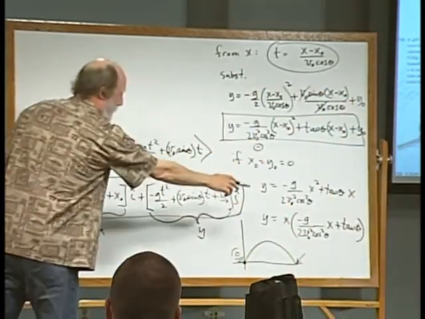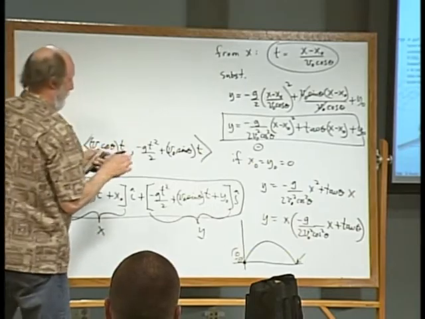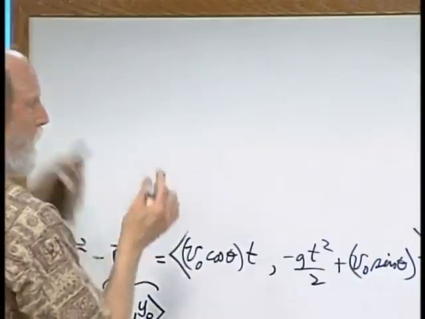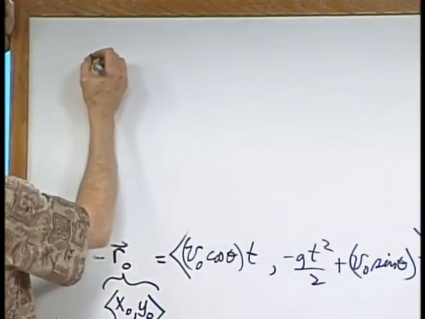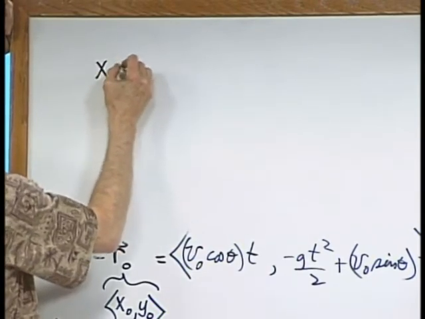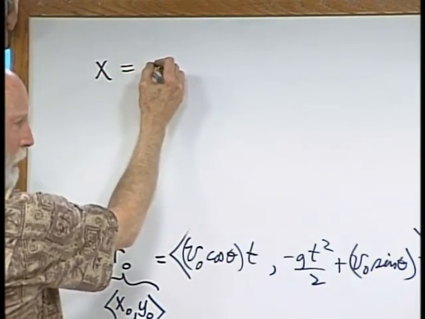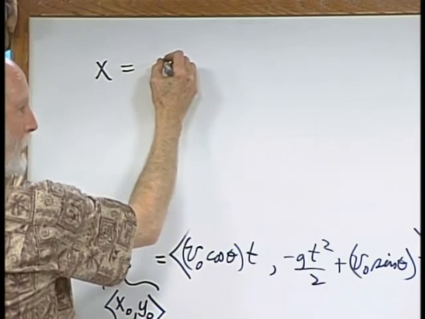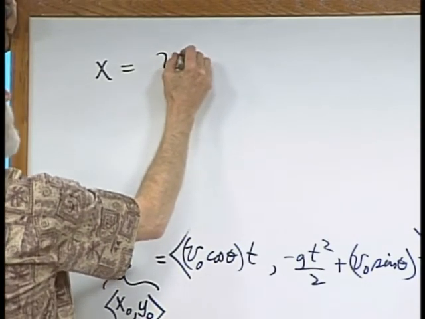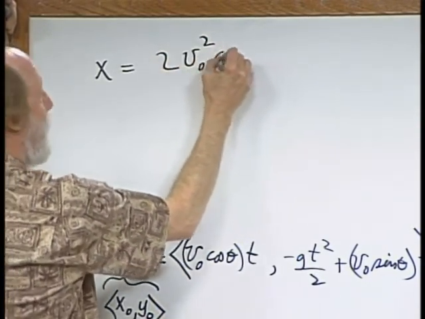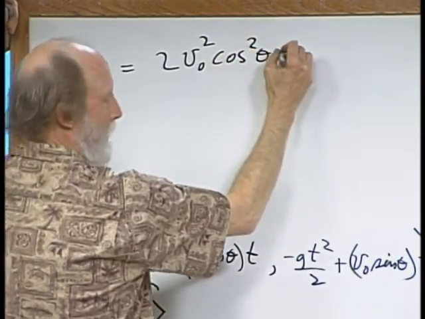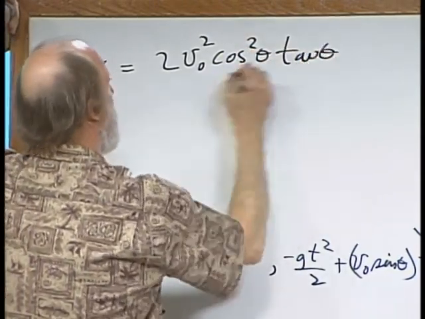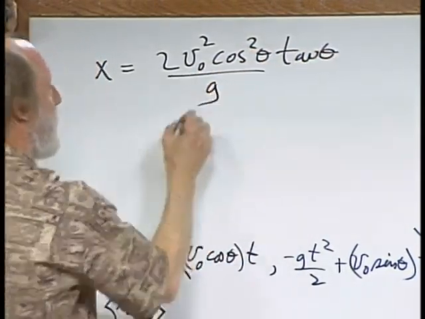Okay, so what I want to do is take that other binomial there and set that equal to 0 and solve that for x. So notice what you get coming out of that. It looks like we're going to get x equals 2 v naught squared cosine squared theta tangent of theta divided by g.